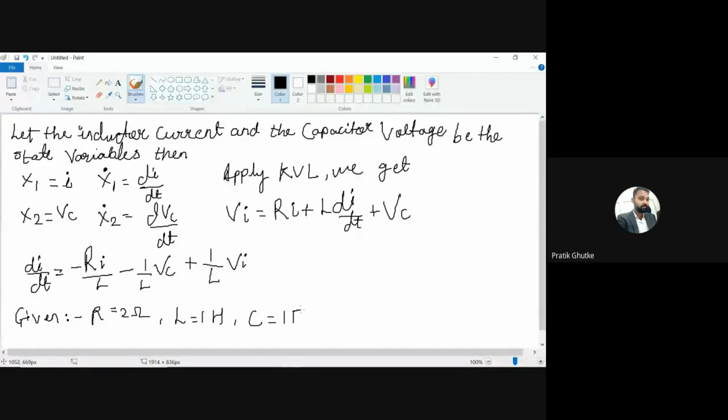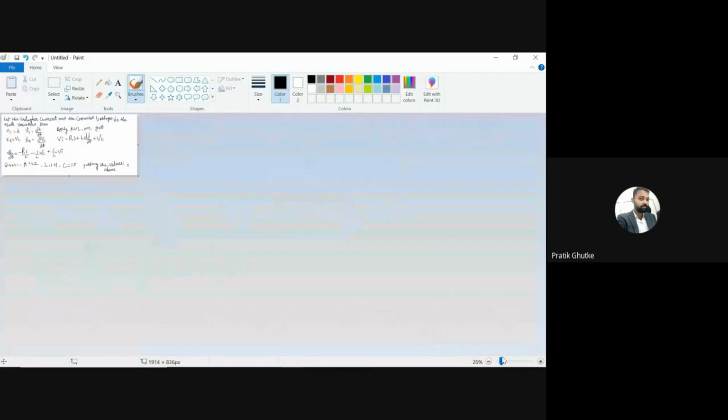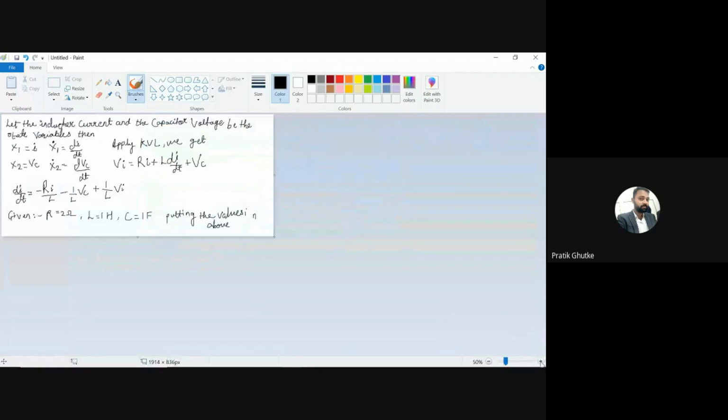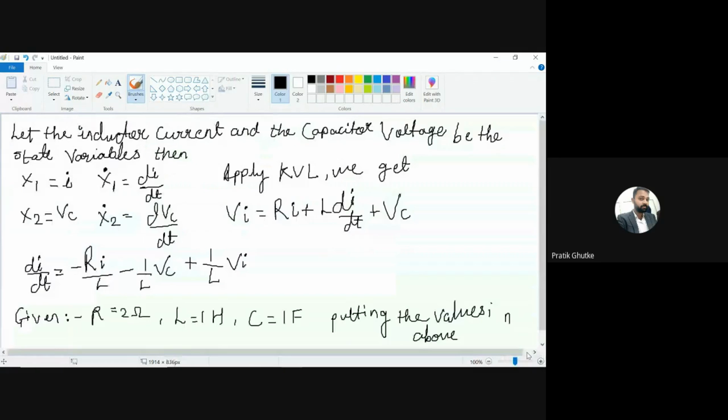So putting these values in the above equation, this is my equation 1. So putting the values, what will be my equation?